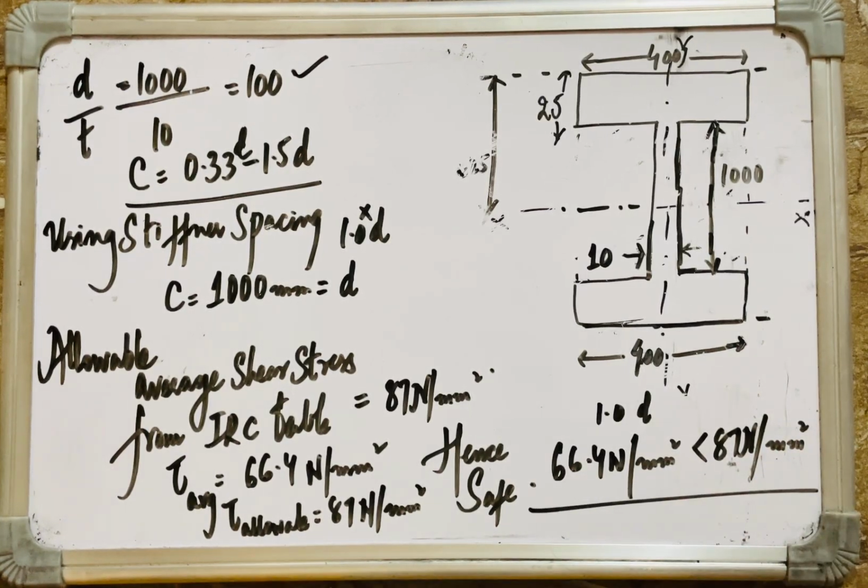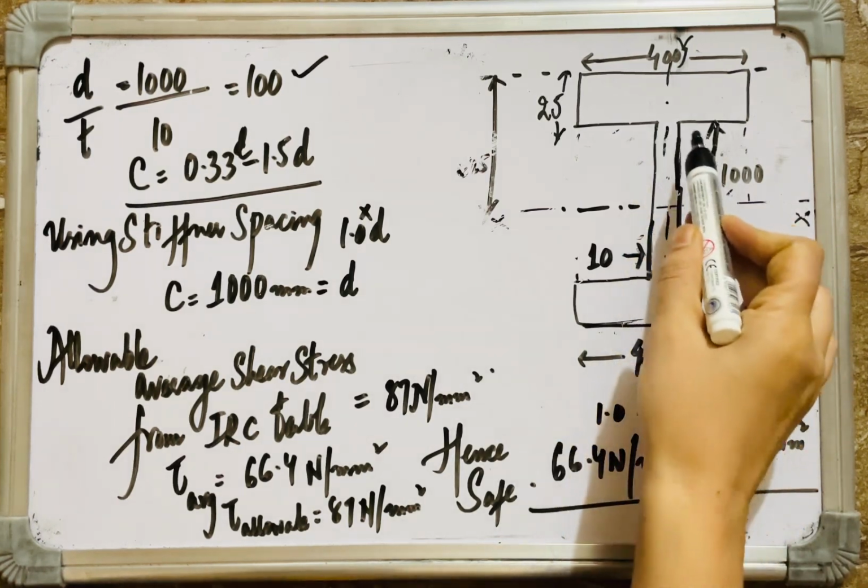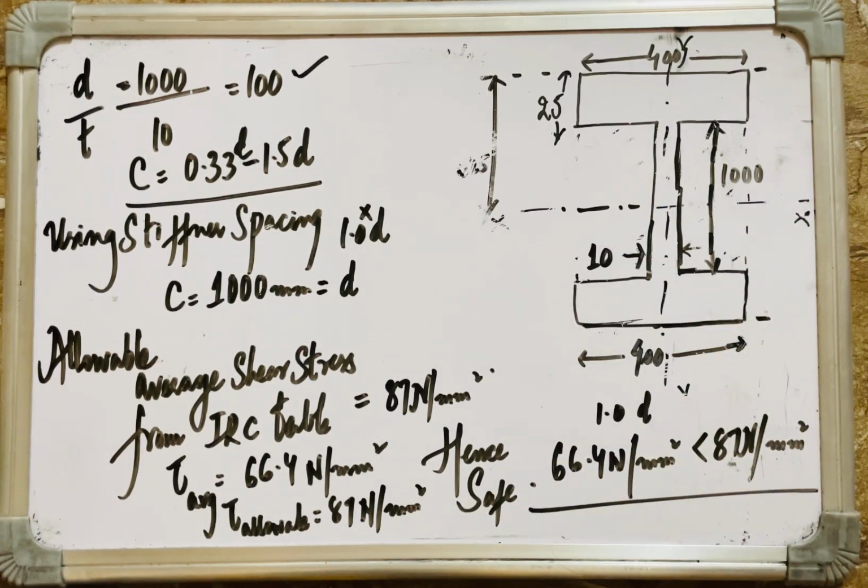Hence, the section is safe against the shear stresses, because the allowable average shear stress in the stiffened web is more than the average shear stress for the design shear force and the section I chose for my trial section. Hence, it's safe.